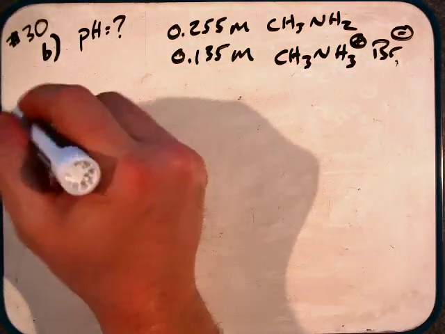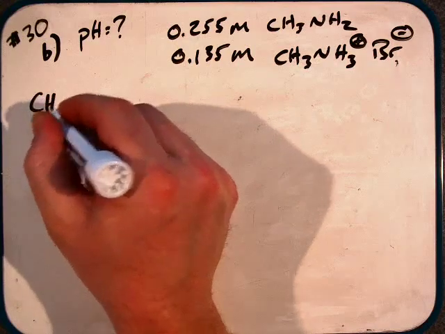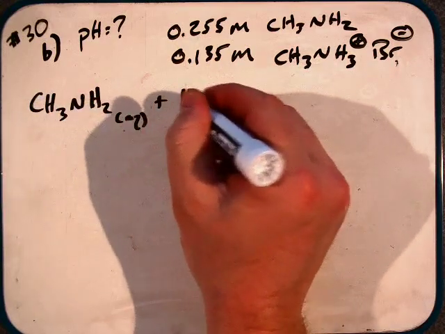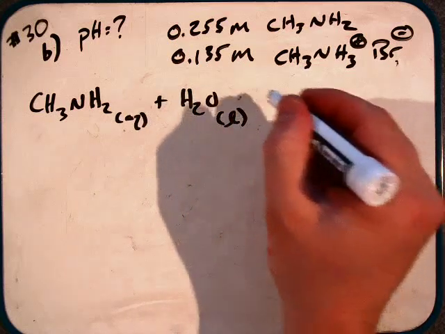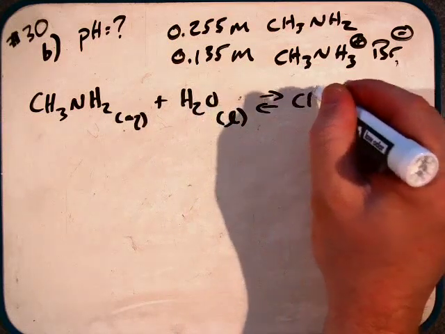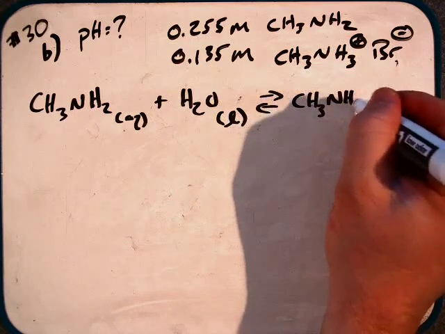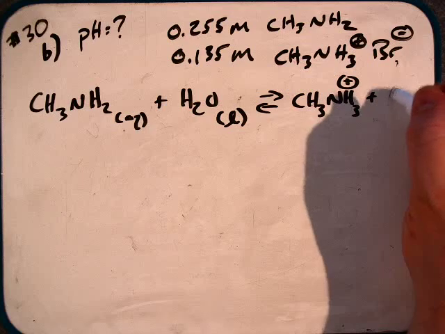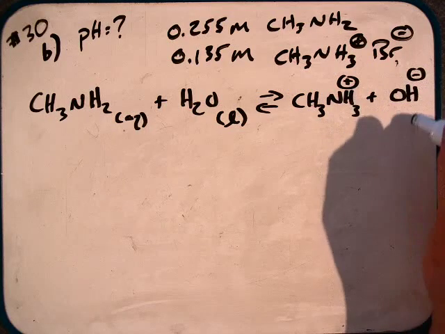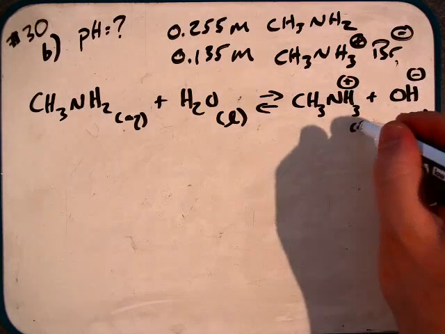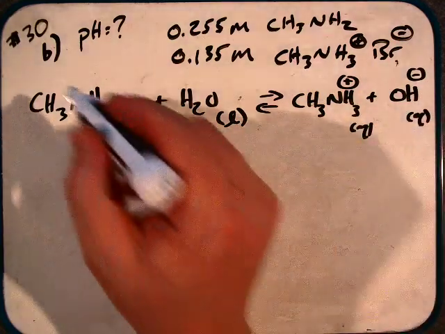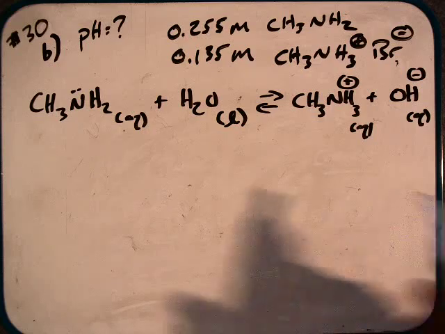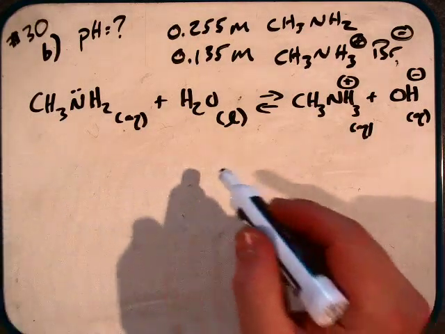We again are going to write our equilibrium according to the parent. And so that is our equilibrium reaction. We can now generate an ice table, right?